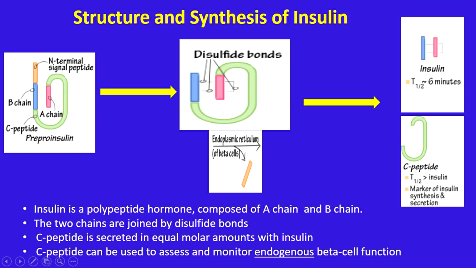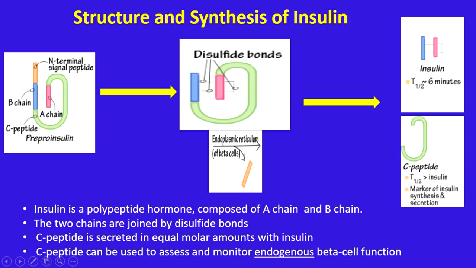Once this proinsulin is produced, it moves to the endoplasmic reticulum. In the endoplasmic reticulum, the N-terminal is cut off. They get rid of that, it's useless.